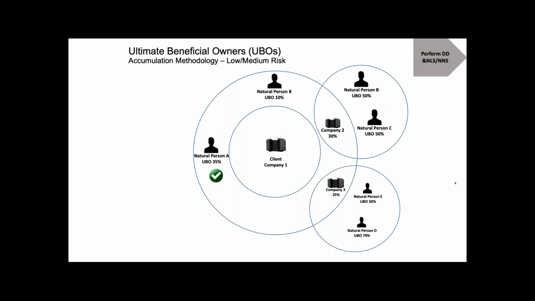So let's do a bit of drill down. By looking at it, natural person B owns 50%, natural person C owns 50%, natural person E owns 30%, and natural person D owns 70%. My question to you is, how much does natural person B own? 25%. Does anyone agree?